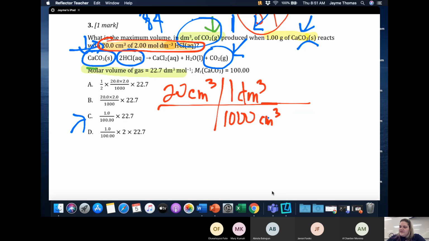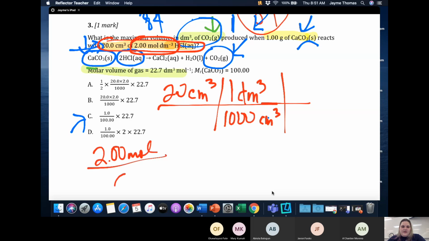Now that I have decimeters, I can use the concentration as a conversion factor. So this is the difference for solutions. For solutions, because they have concentrations, the concentration is 2 moles per cubic decimeter.